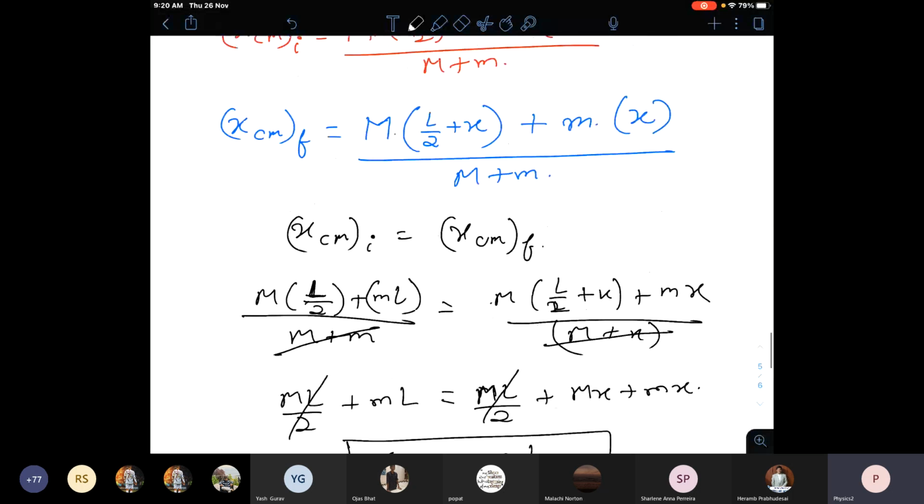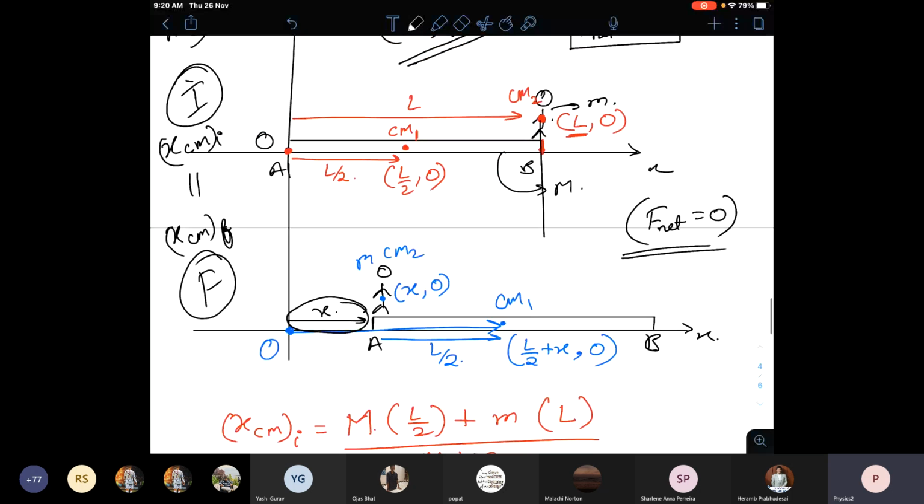With respect to ground, he moved only this much. This length is not L. But if you ask the man how much did he move, he will say that I moved the whole length of the plank.